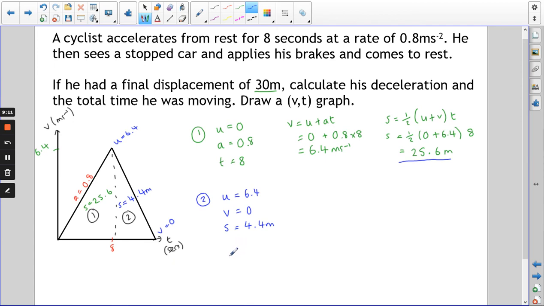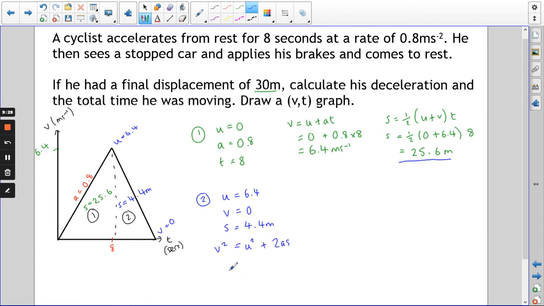Right, from that we need to find T and A. Okay, it doesn't really matter which way around you do this. If I do A first, we've got V, U and S. We're trying to find A, so it makes sense to use V squared equals U squared plus 2AS.